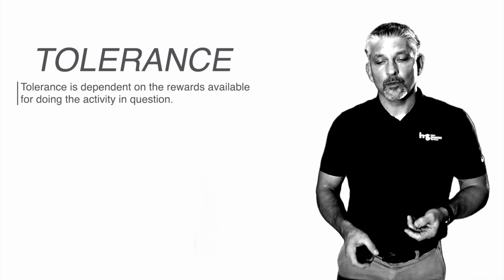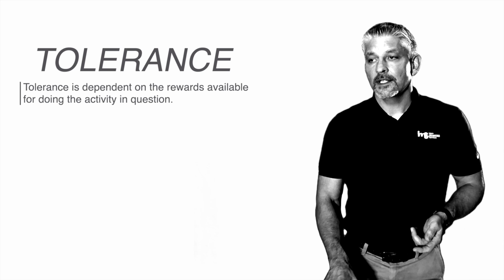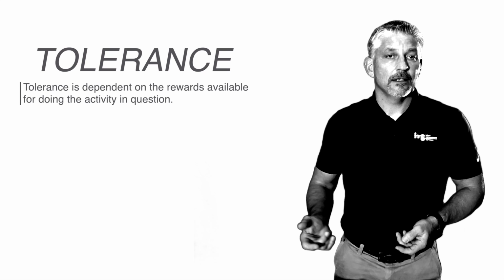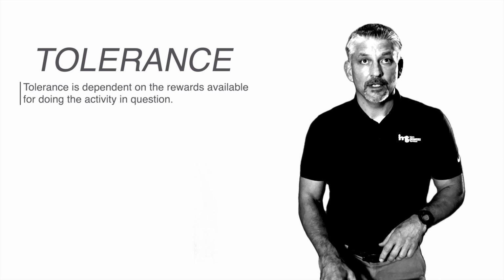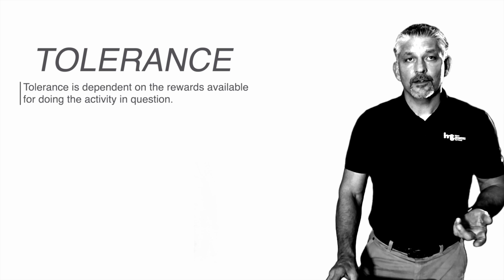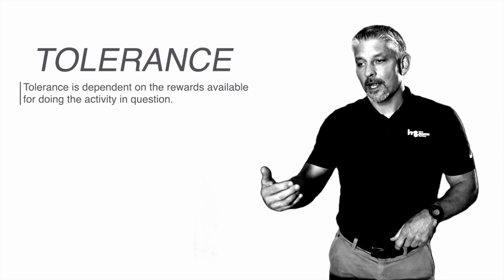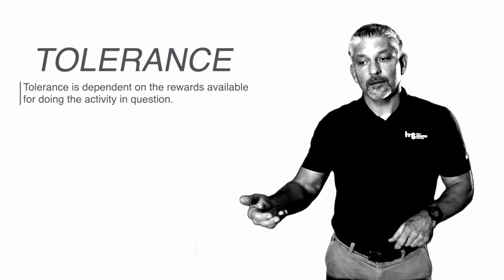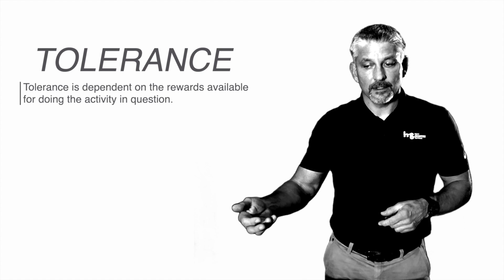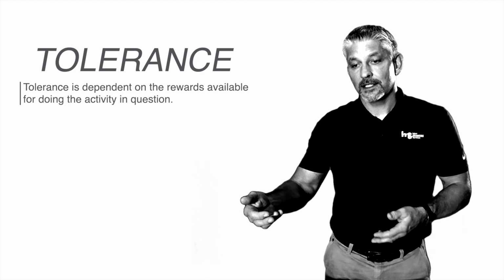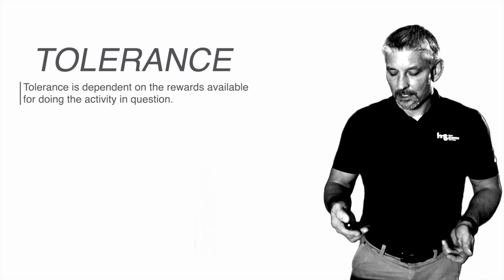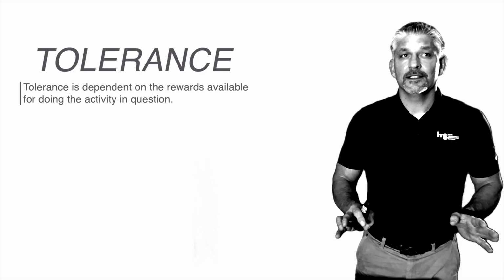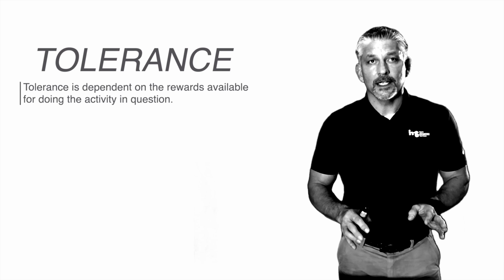And tolerance is dependent upon rewards. A person that is self-employed may tolerate greater symptoms and return to work a lot quicker than someone that's not self-employed. And tolerance is exemplified when a worker maybe won't go back to a job because he says he can't tolerate it, but he gets a better paying job, he'll go and endure the symptoms for the increase in wages. So tolerance is a very difficult area.